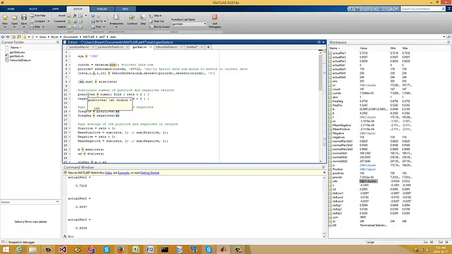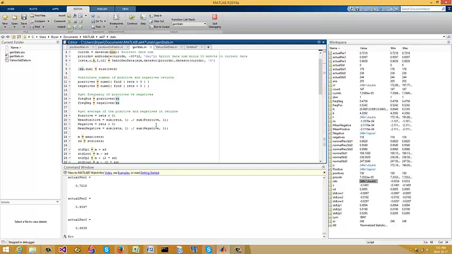So again, we get number of days positives, number of days negatives. Then we calculate the frequency of the positives, which is 0.52, and 0.47, which is our negatives. Then we calculate the average of the positives and negatives.